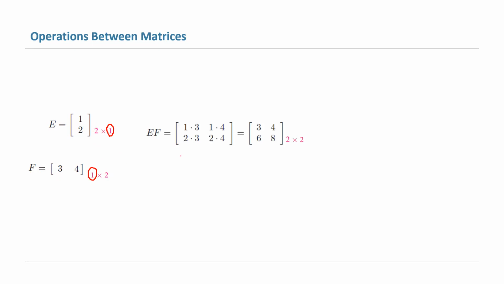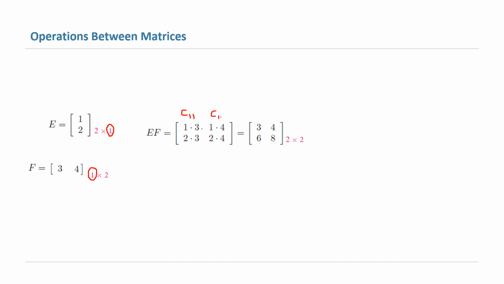If you multiply E and F, you're basically taking 1 and multiplying 1 by 3, and you're forming the first entry, which is C sub 1,1. And then you're going to take 1 and multiply by 4 to form C sub 1,2.